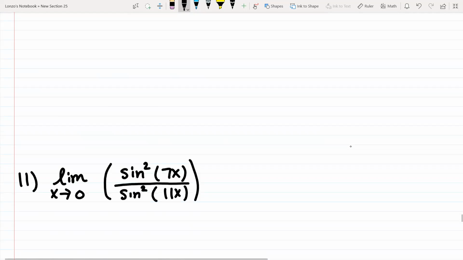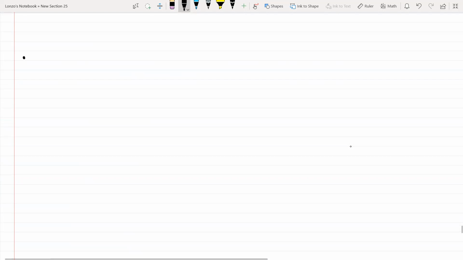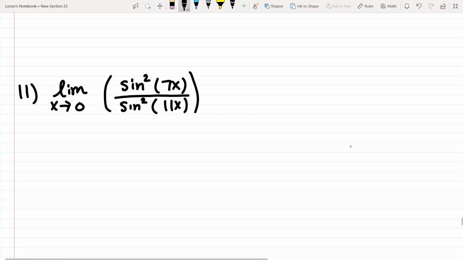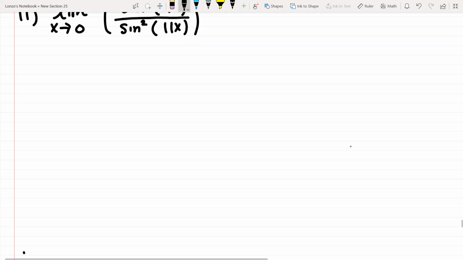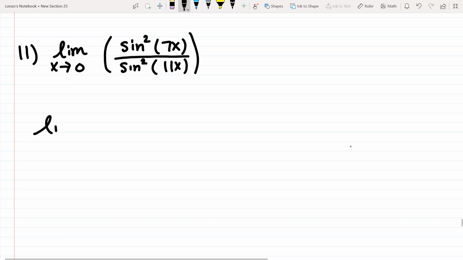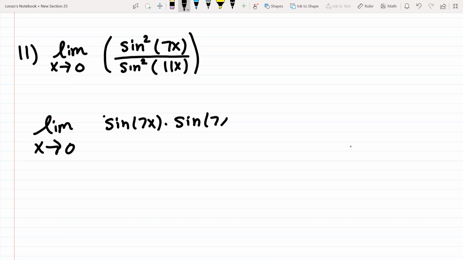A few more. So number 11, the limit as x approaches 0 of sine squared of 7x over sine squared of 11x. So I'm going to rewrite this problem. The numerator can be written as sine of 7x times sine of 7x.